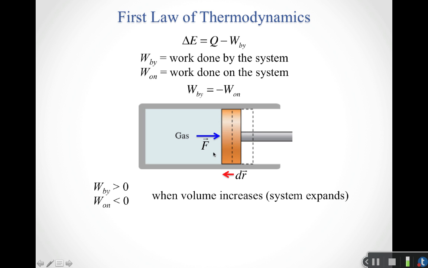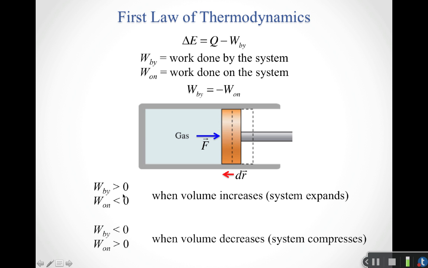And so what it means is that the work done by the system will be positive when the volume increases. So if the force exerted here by the gas pushes the piston out, then the volume of the gas is going to increase, which means that the system expands, and the work done by the gas will be positive, the work done on the gas will be negative.